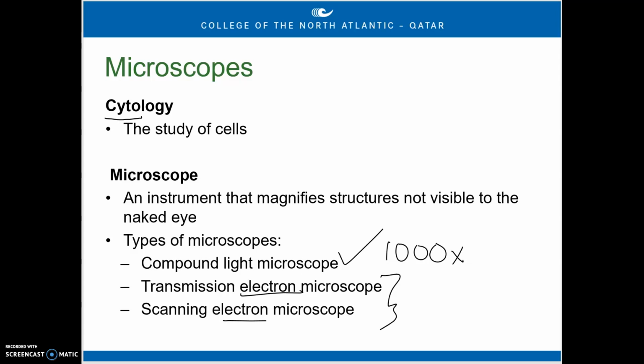You can have a resolution of these microscopes down to 0.2 nanometers, and a nanometer is 10 to the negative 9 meters. And when we're looking at our compound light microscope, we're still looking at micrometers, which is 10 to the negative 6. So much bigger, way better resolution on the electron microscopes.